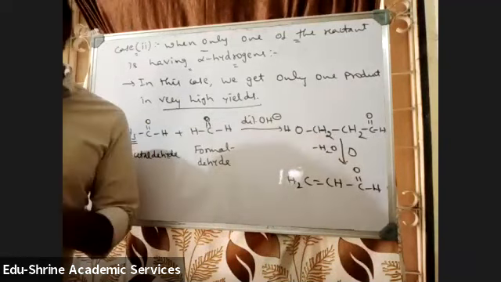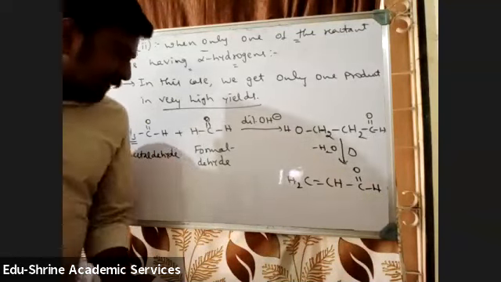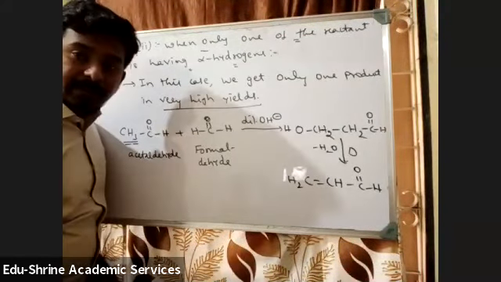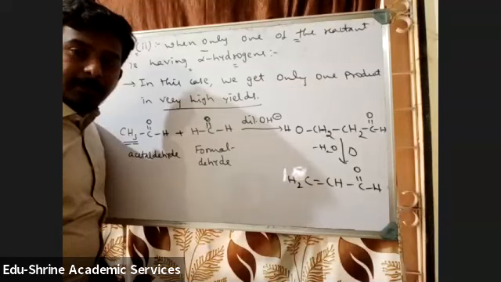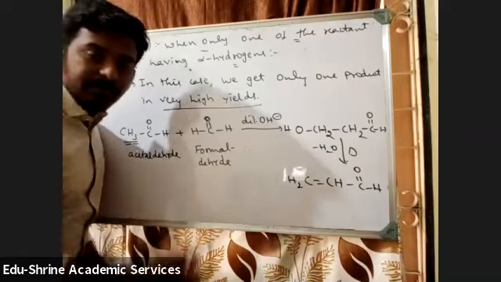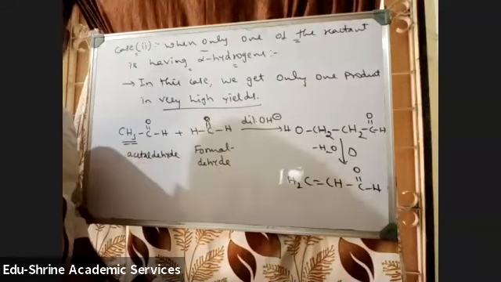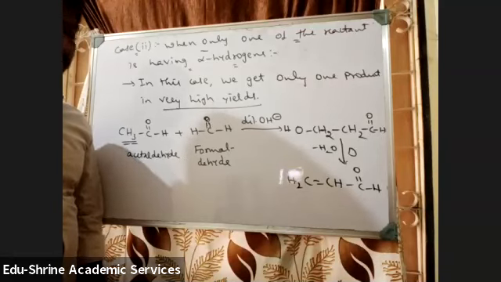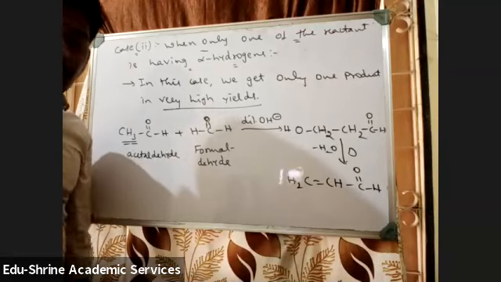Again, I have to explain. See here, from where will you generate a carbanion, in acetaldehyde or formaldehyde? Acetaldehyde. Write the mechanism. Write down till here, I will give you the mechanism.